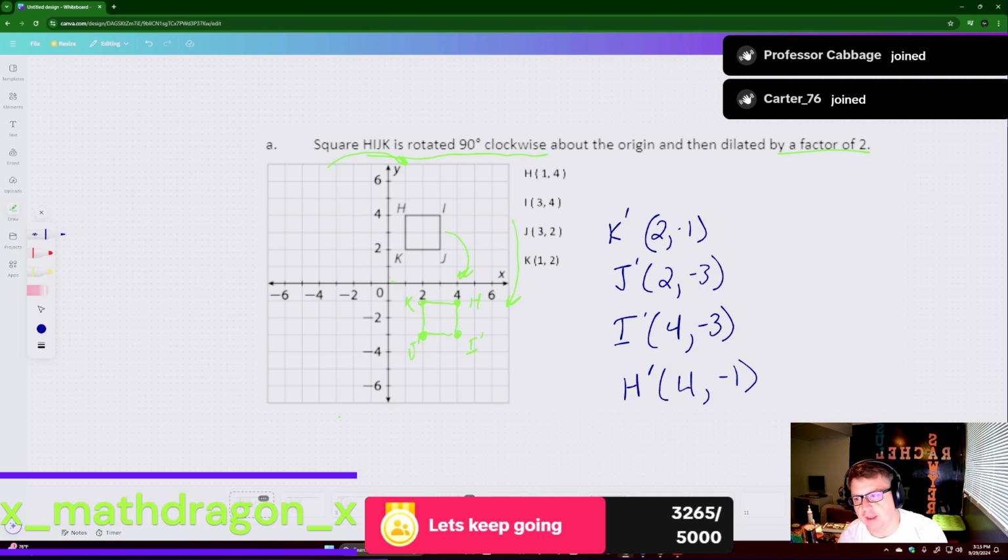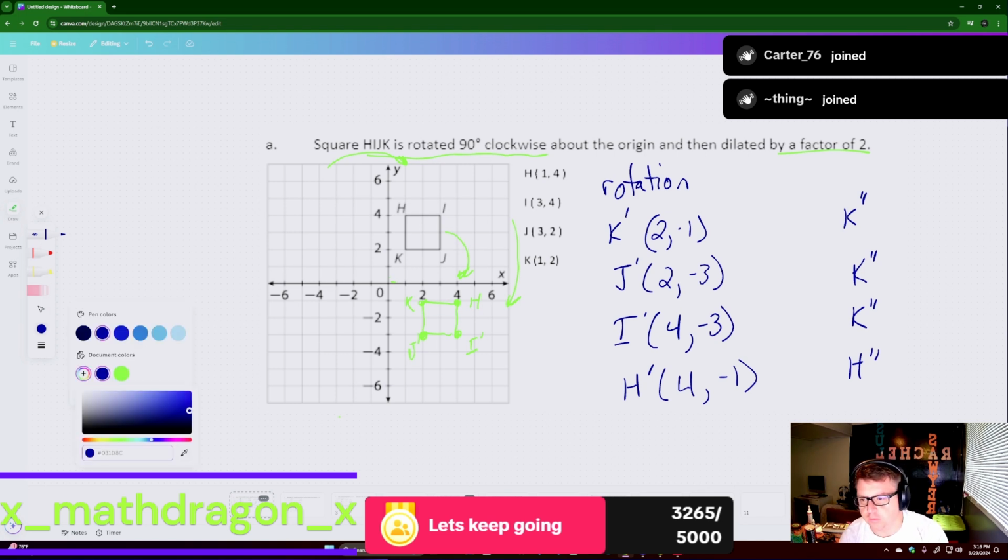Now this time we're going to get double primes because we are doing 2 things to it. So this was the rotation, and now this one's going to be the dilation.